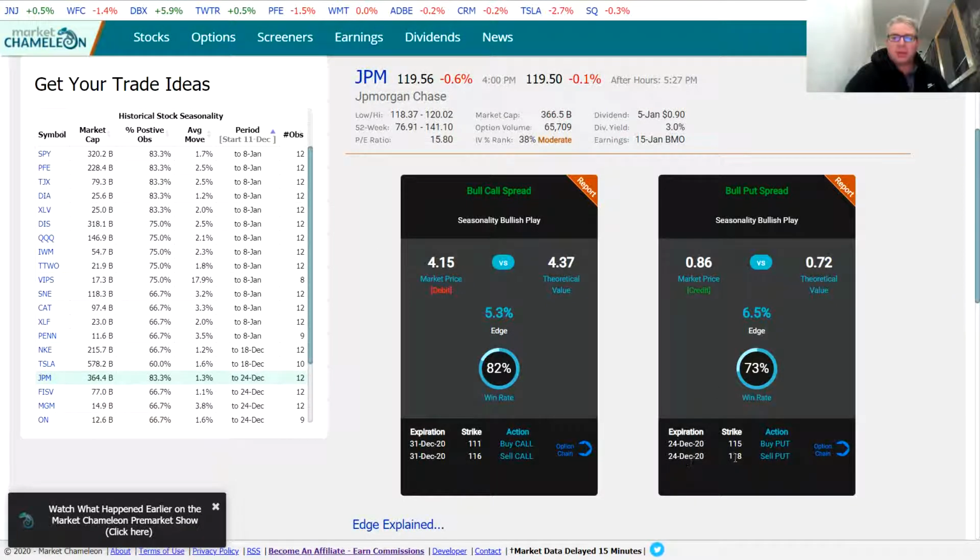You sell the 118, you buy the 115 put. That's $300 minus what you get here. Let's say 0.9. So you're getting $90 up front while risking $210 instead of $72. And as long as JP Morgan, which is already almost at the 120, stays above 118, you're king. You're king or queen, whatever the case is.